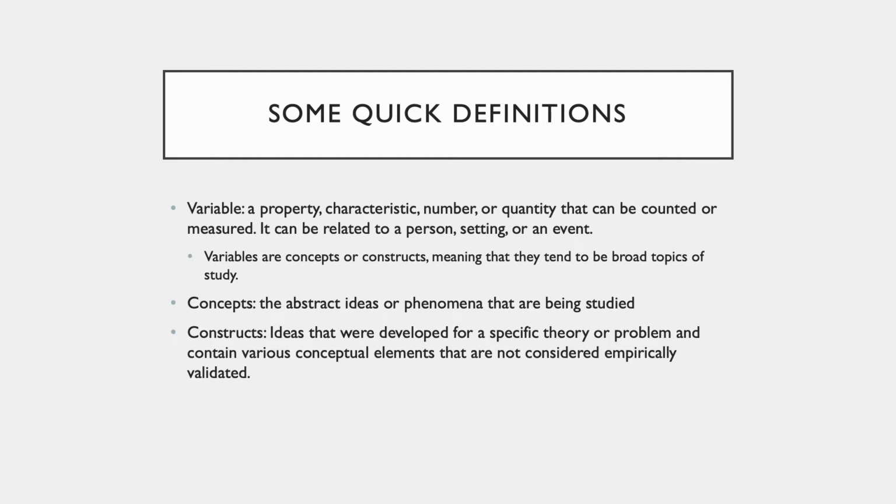Concepts are the abstract ideas or phenomenon that are being studied. And constructs are ideas that were developed for specific theory or a specific problem and contain various conceptual elements that are not considered empirically validated.